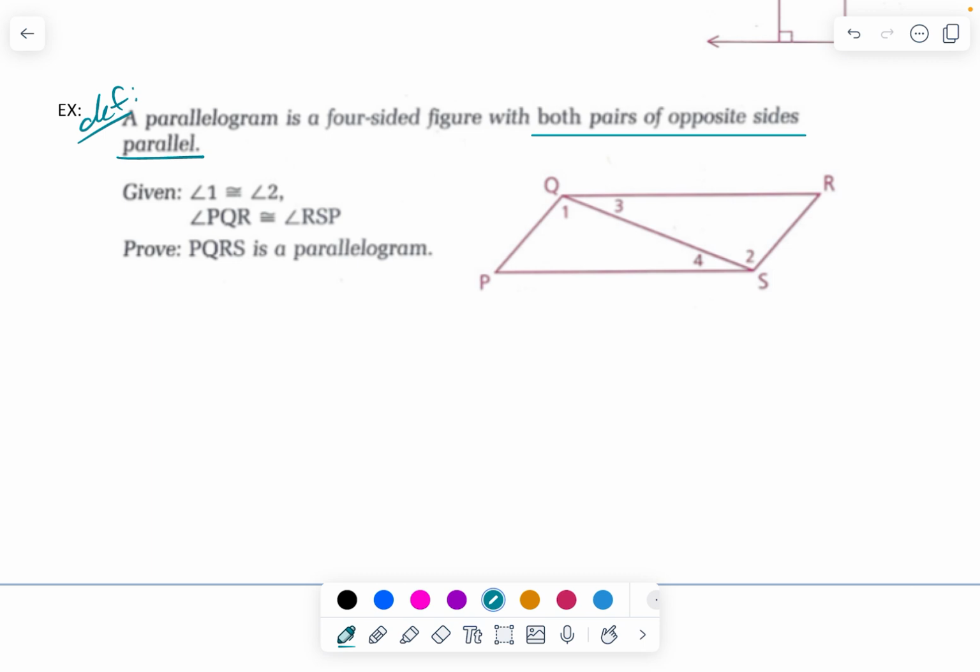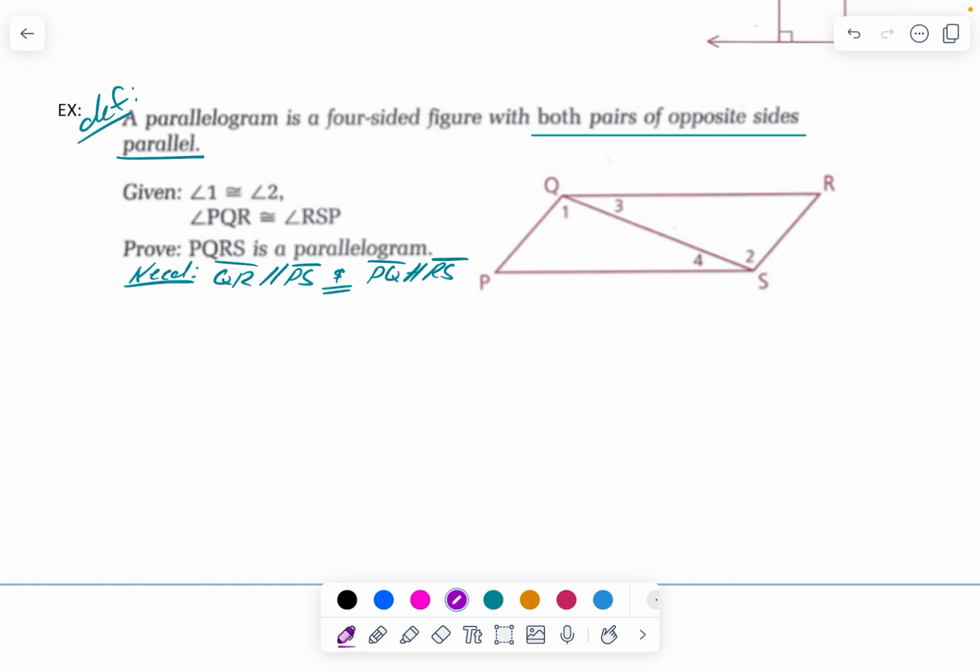If we're going to show that PQRS is a parallelogram, we need to show that QR is parallel to PS and that PQ is parallel to RS. Okay, we have to show both pairs of opposite sides parallel.